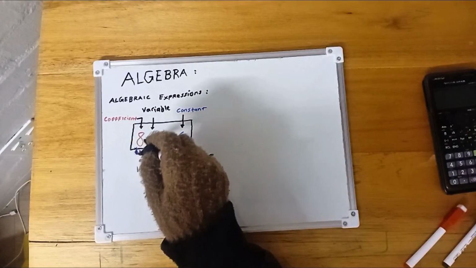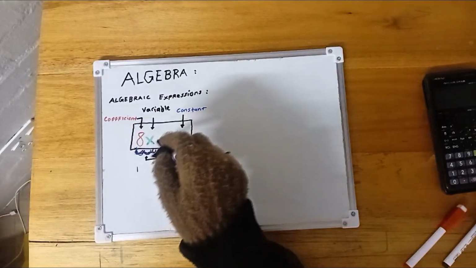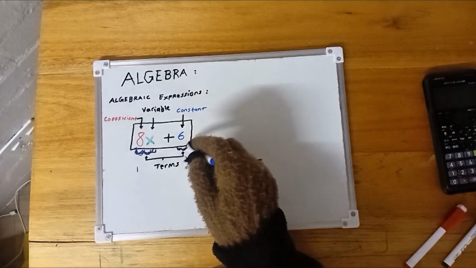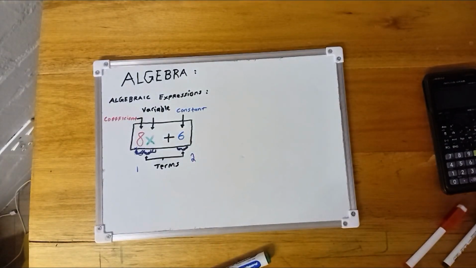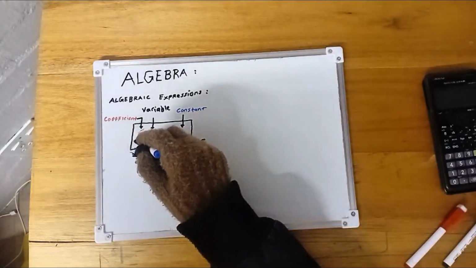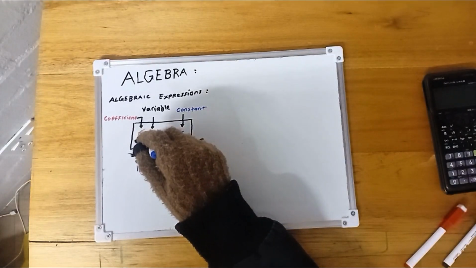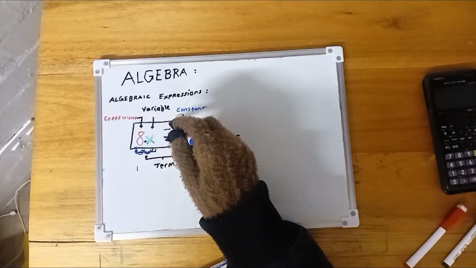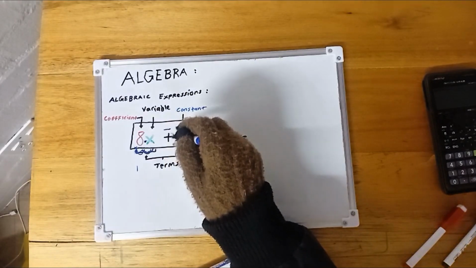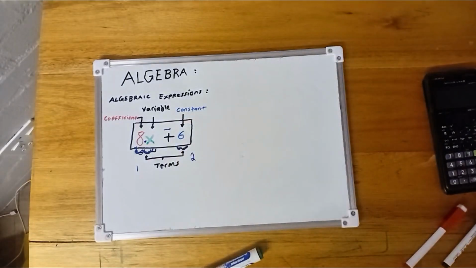Everything here is term number one, not individually. So 8x is term number one, then 6 is our term number two. The terms are separated by an addition or subtraction sign, not multiplication. Since here we know there is a multiplication, this is one term. Whenever you see an addition or maybe a subtraction, we move to the second term. So don't be confused.